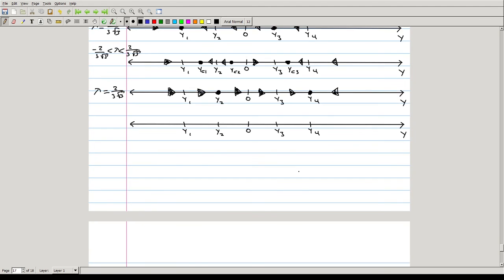And then the last situation here is when lambda is greater than 2 over 3 root 3. In which case, we'll have one root, call it yr2, and for any value of y less than yr2, y prime is going to be positive.